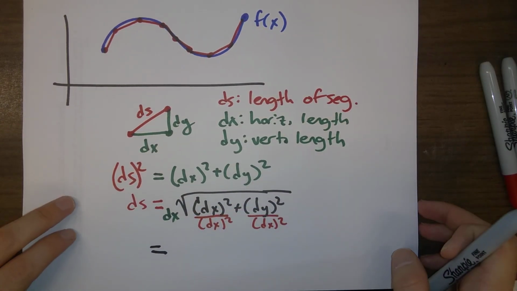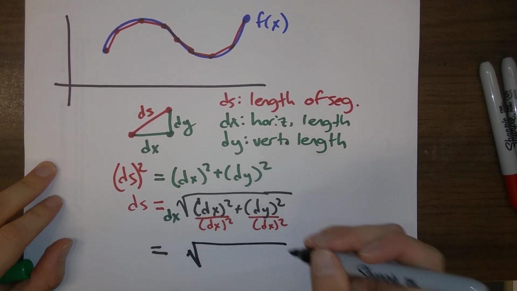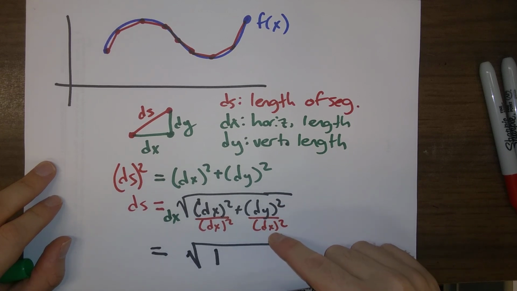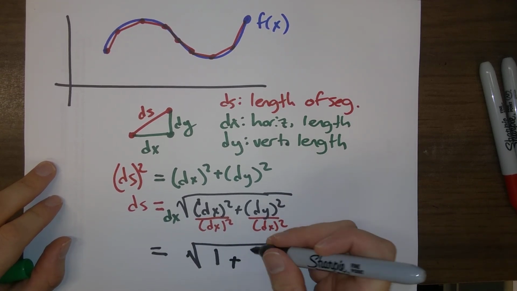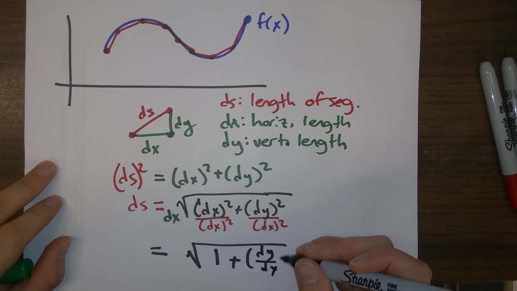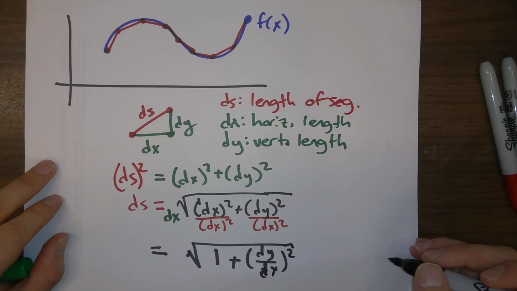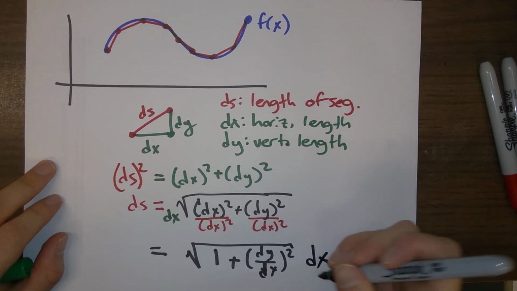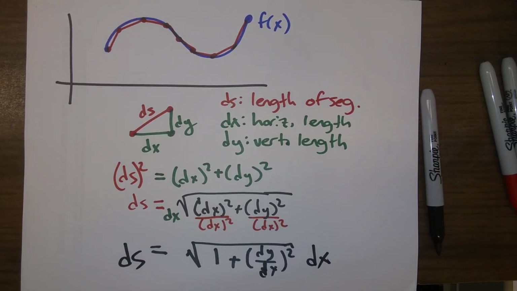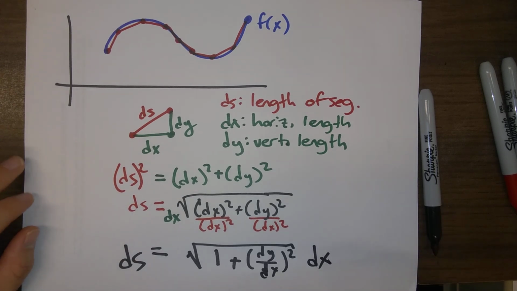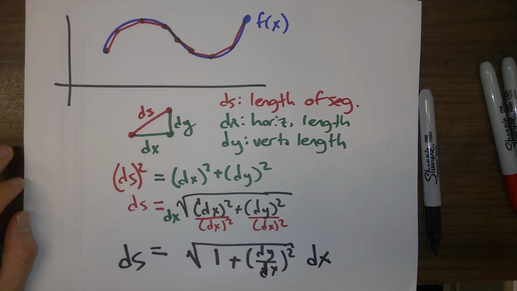So what does that give us? dx squared divided by dx squared is 1, plus dy over dx squared. We can think about this as a kind of informal derivation, but that should look familiar: dy over dx squared, the slope of the tangent line squared. So ds, our little chunk of our line segment, is equal to the square root of 1 plus dy over dx squared, times dx.